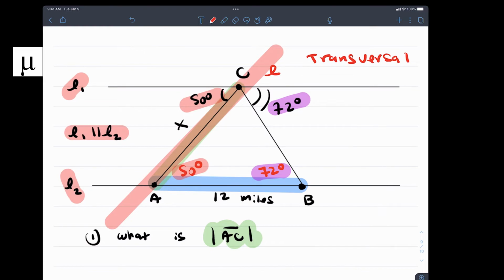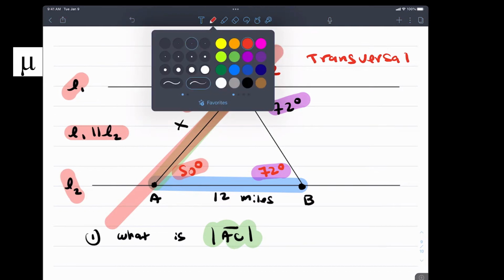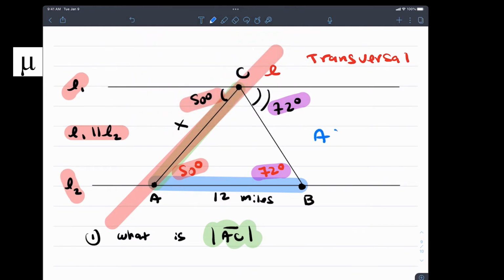Why is this a good thing for us? I make the claim this is angle, side, angle. Why is this angle, side, angle? 50, 12, 72.